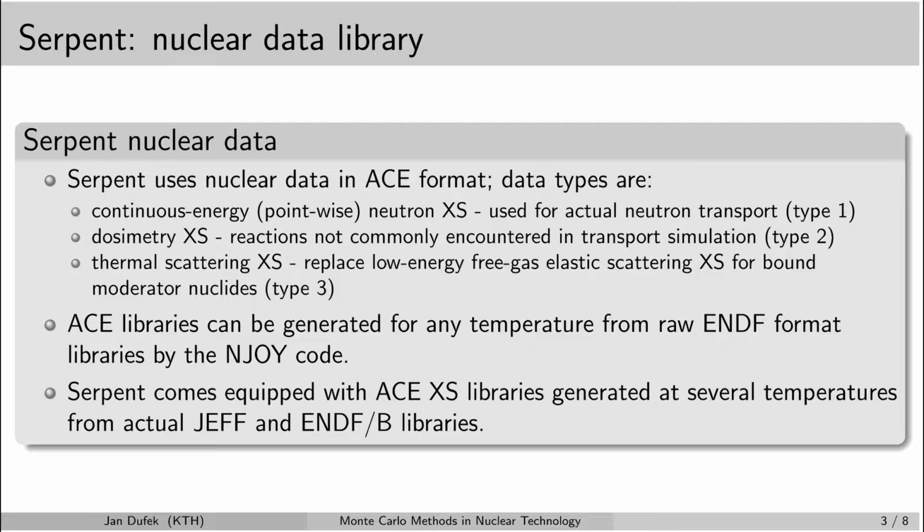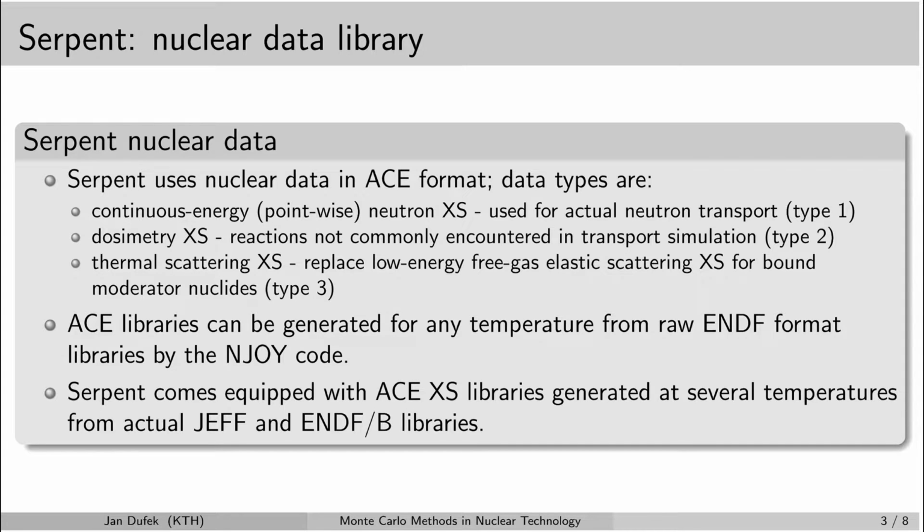None of these libraries are perfect, and they all contain errors. And actually the errors that are coming from the nuclear data libraries are contributing quite a lot to the final error in our results. So it's interesting to compare different libraries.